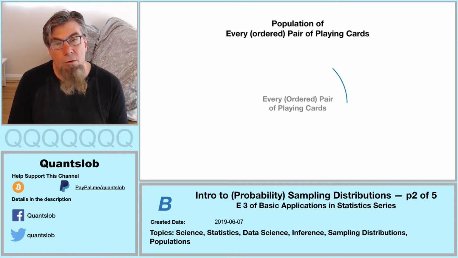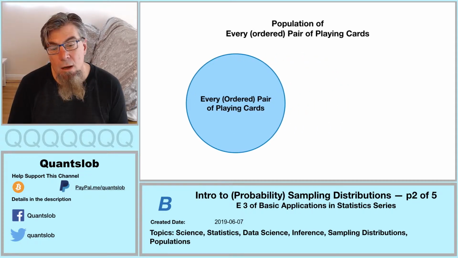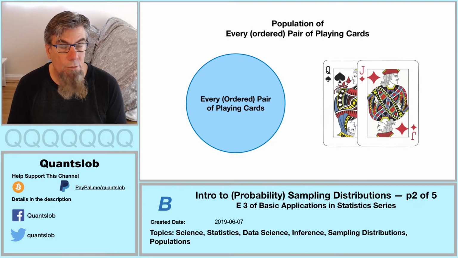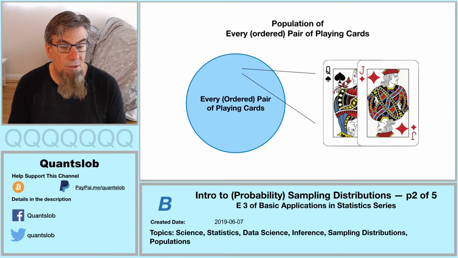I want to point out that our foundational series provides us with a very flexible toolkit. We have an alternate but entirely equivalent way of imagining this theoretical random sample of size 2. We simply imagine a population that contains every possible ordered pair of cards. So for example, this population contains the element Queen of Spades, then the Jack of Diamonds.